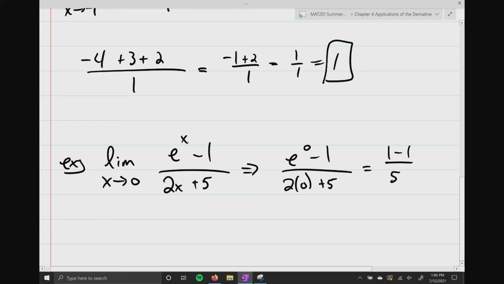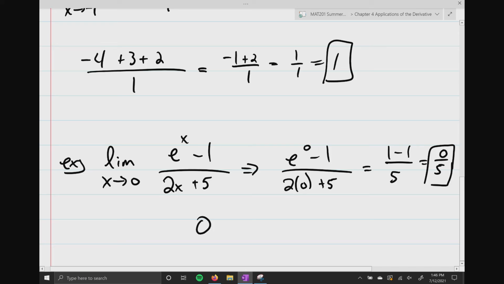So I'd get 1 minus 1 in the numerator, or 0 over 5, which is just the plain out flat 0. So here's an example where you can use L'Hopital's rule if you wanted to. However, it's not necessary because we don't meet the necessary condition, which is indeterminate form.